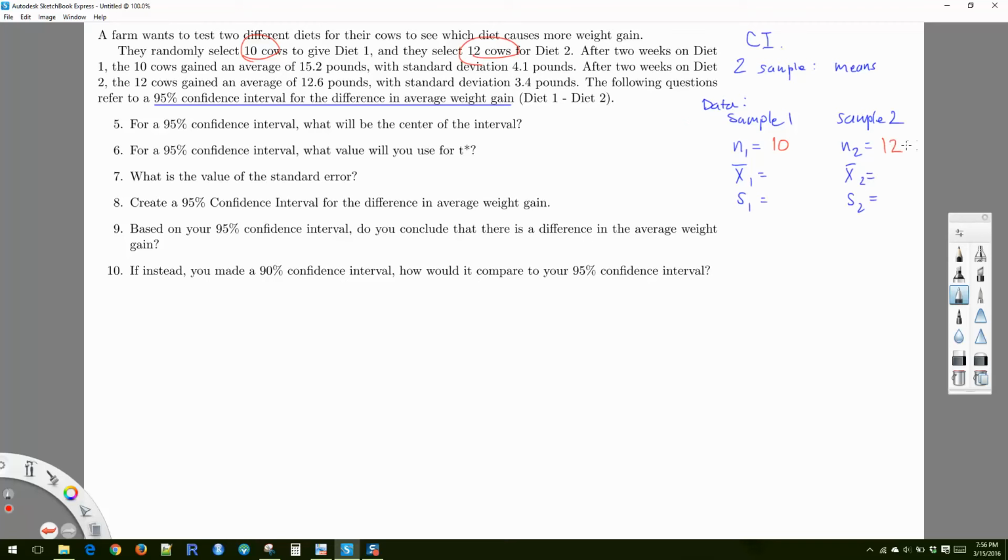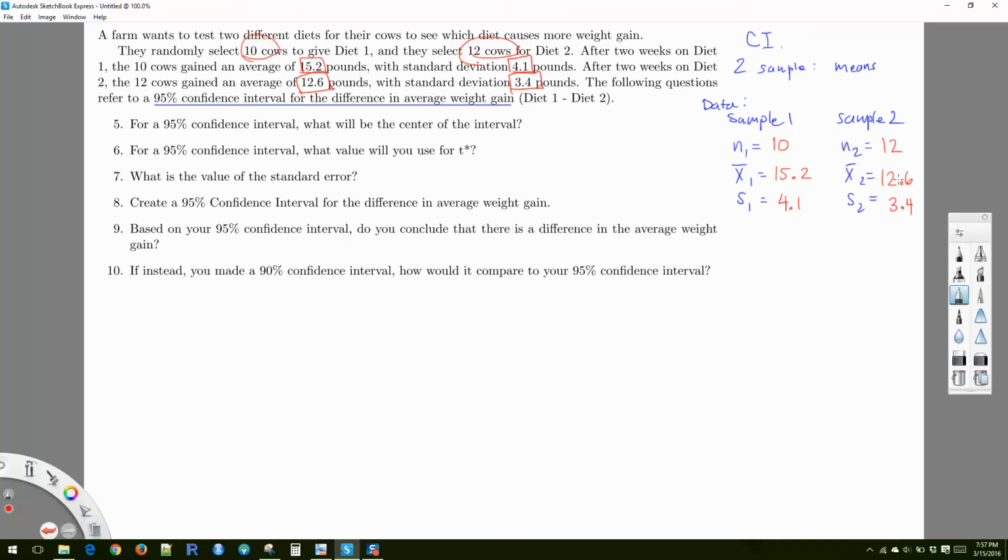That's going to be n2. x bar 1, the 10 cows gained an average of 15.2 pounds with a standard deviation of 4.1. x bar 2 is going to be 12.6 with a standard deviation of 3.4. Okay, so I've labeled all of the parts here.